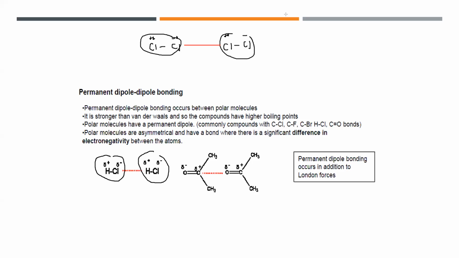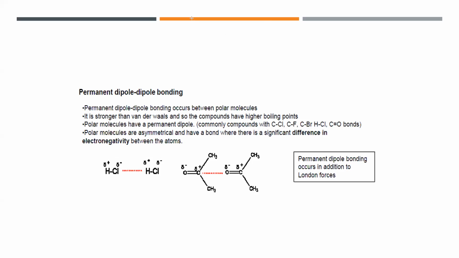But in dipole force or permanent dipole force, the molecules are polar. As the molecules are polar, there is a permanent attraction between the molecules, so dipole forces are relatively stronger as compared to dipole induced dipole.